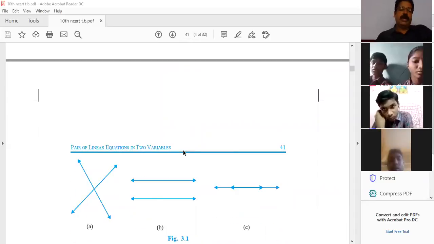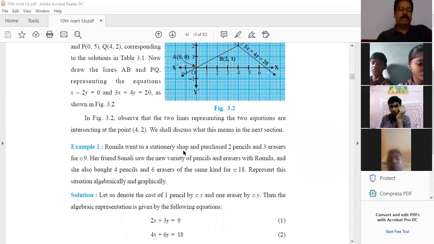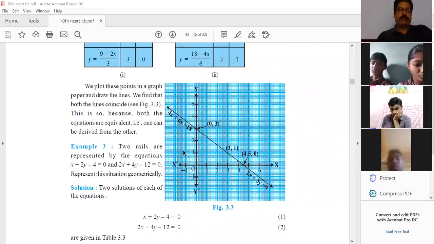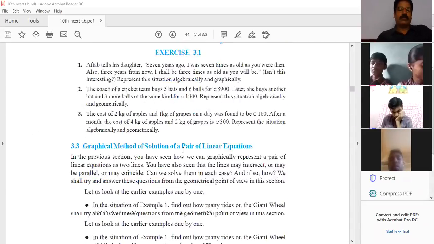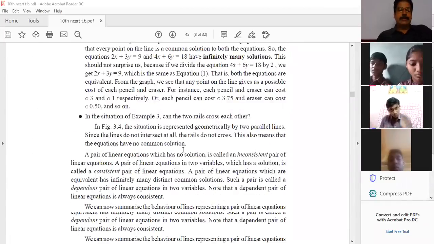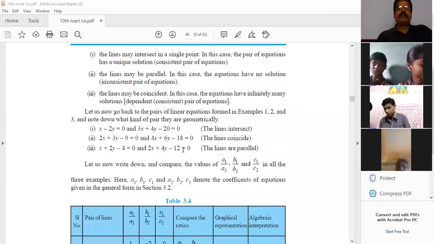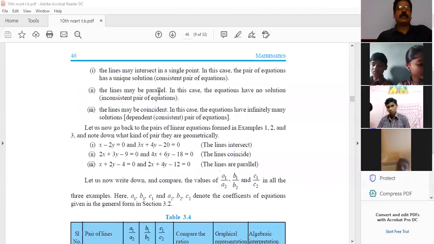This is what we explained, the three cases. Section 3.1 is also completed. See here: the lines may intersect in a single point.